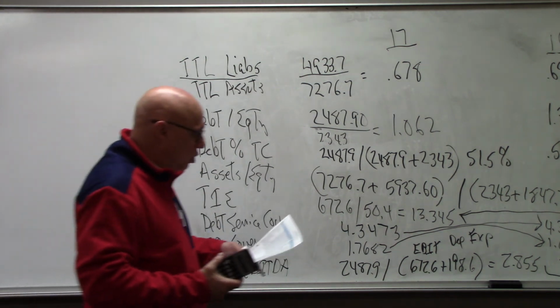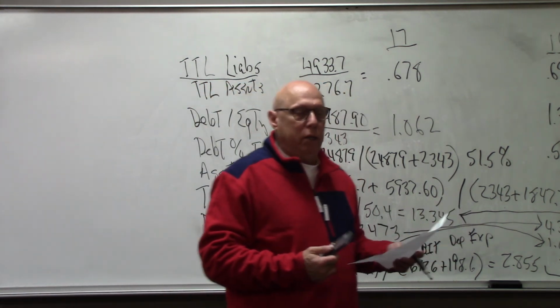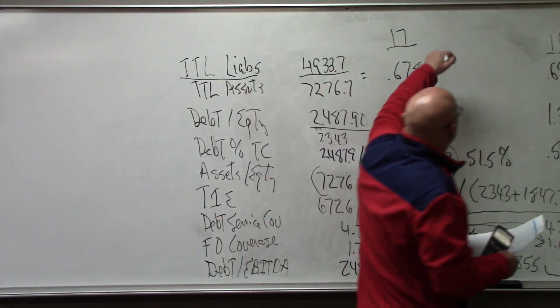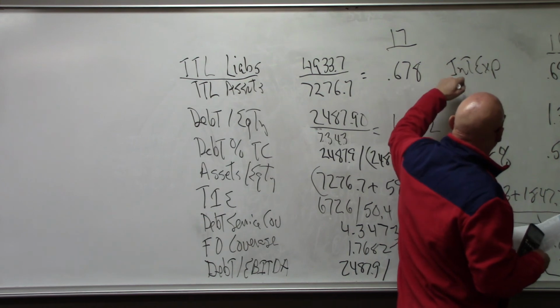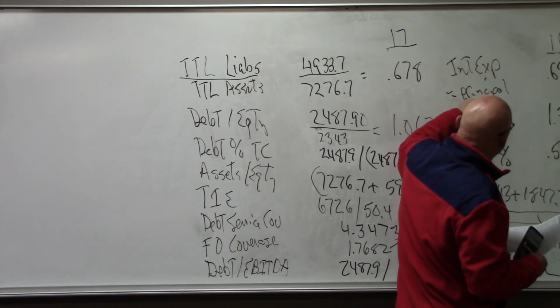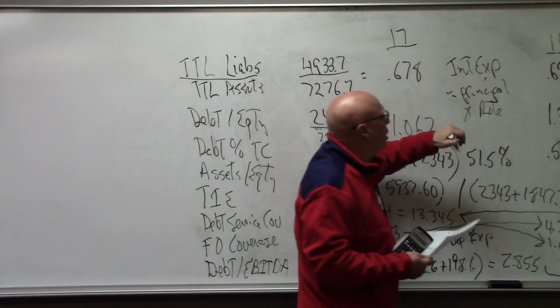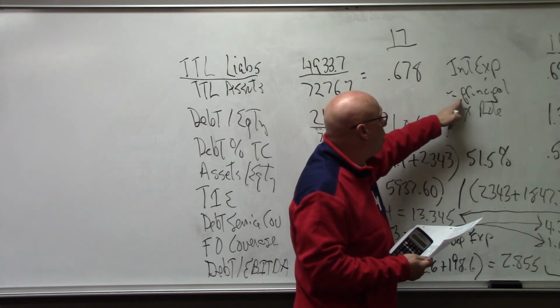So the problem is their interest expense went up, way up. Now interest expense equals principal, how much you borrowed, times rate. So either their rate went up or they borrowed a lot more.